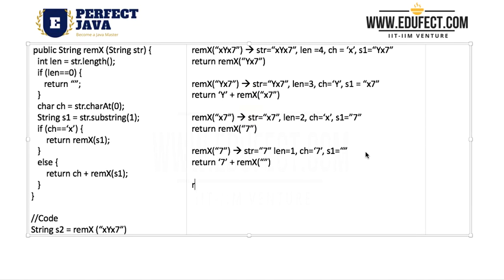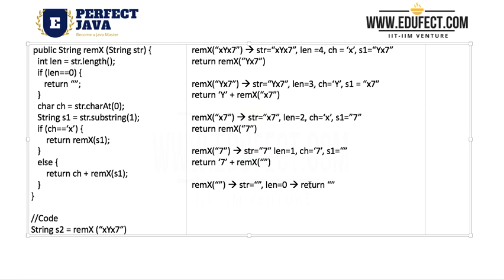So this will call remx of the empty string. So here str will now be equal to the empty string. What will be len? Len will be equal to 0. Now we are checking if len is equal to 0, which means this condition will now be true. So this will now return an empty string.